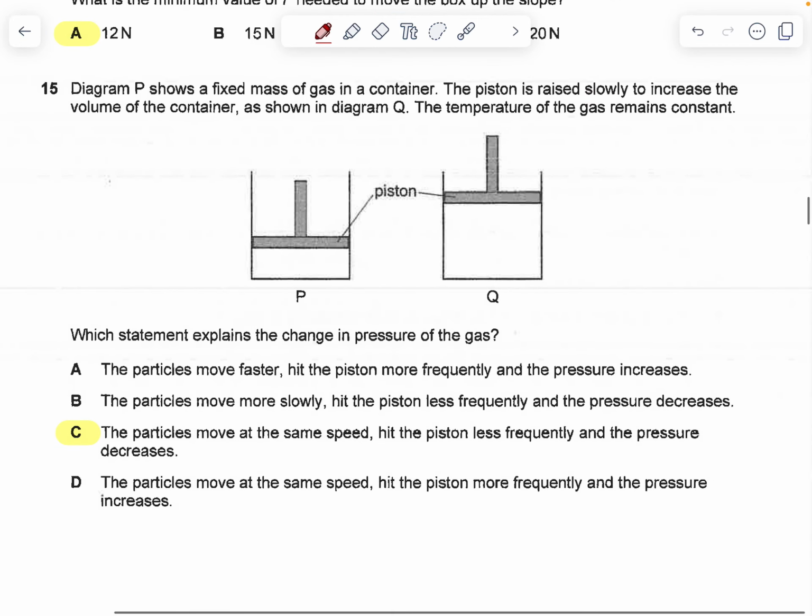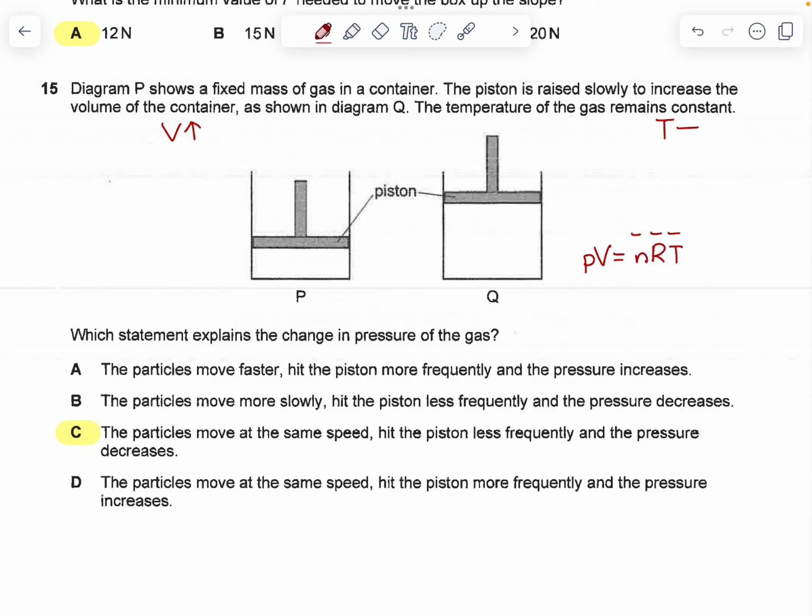Question 15. The diagram shows a fixed mass of gas in a container. The piston is raised slowly to increase the volume. Volume increases. The temperature remains constant. So let's use the equation PV equals nRT. These are all constants. Temperature is constant.